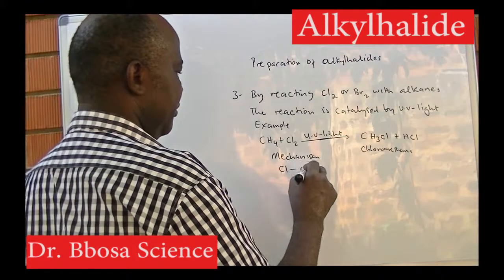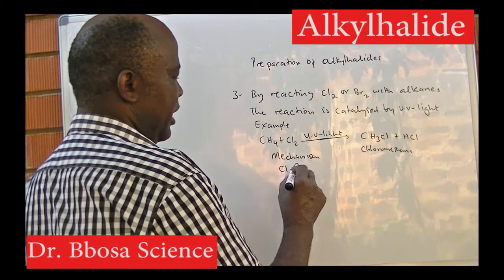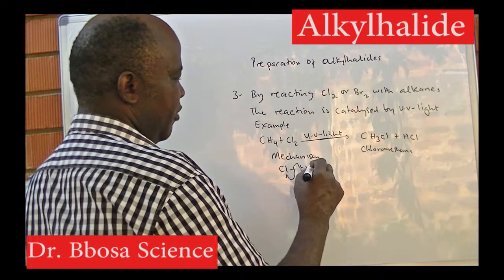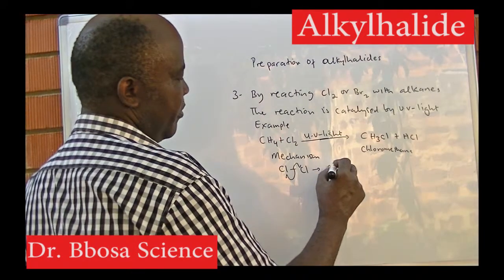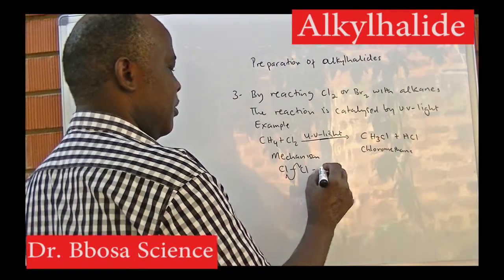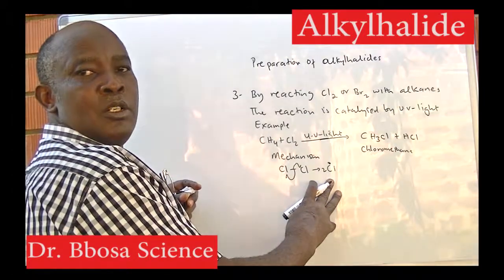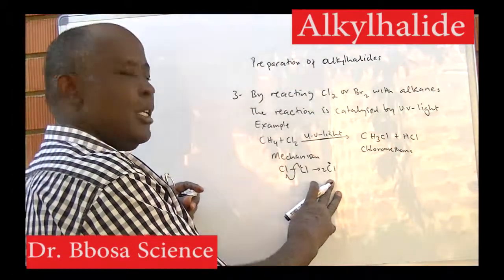Chlorine molecule in the presence of UV light will undergo homolytic fission to form 2 chlorine radicals. These are chlorine atoms with unpaired electron.